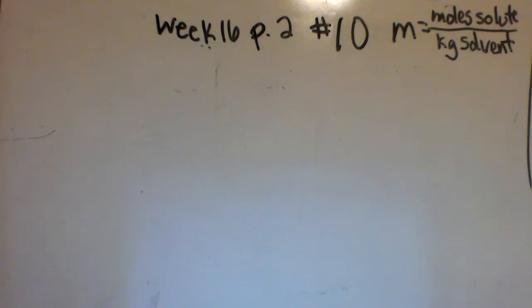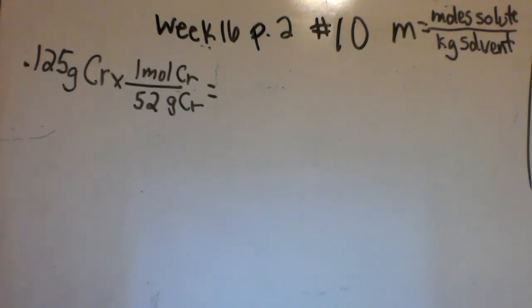So we need 2 different units for each of our components. We need to find chromium as a mole unit, and we need to find iron in kilograms. Let's start with chromium. Our problem tells us that we have 0.125 grams of chromium.